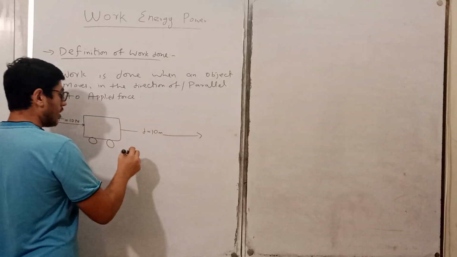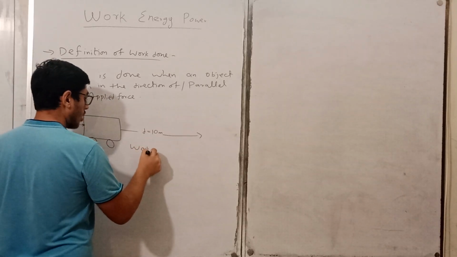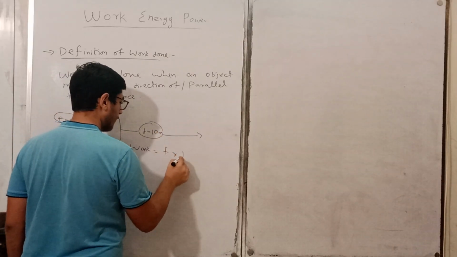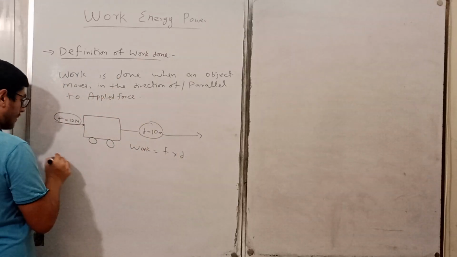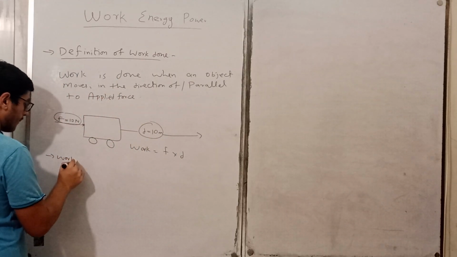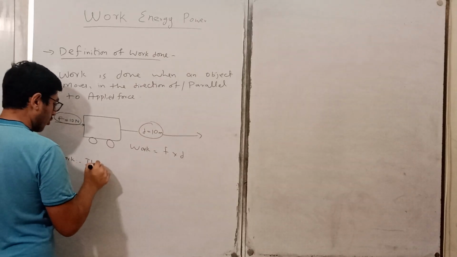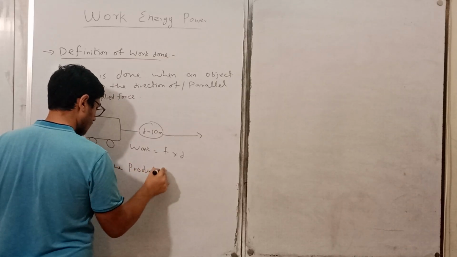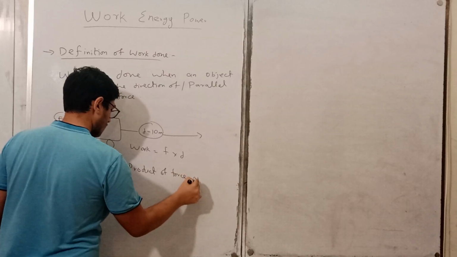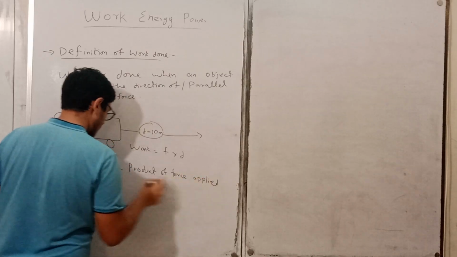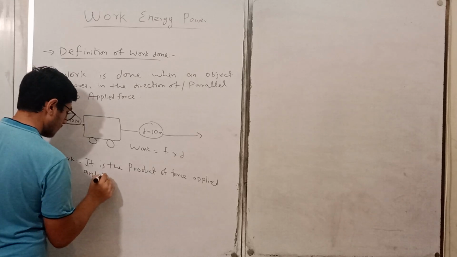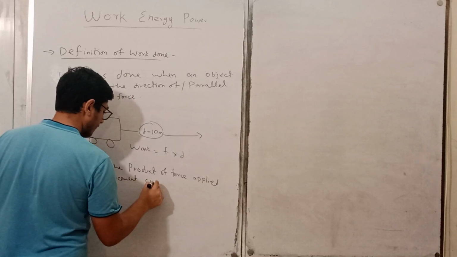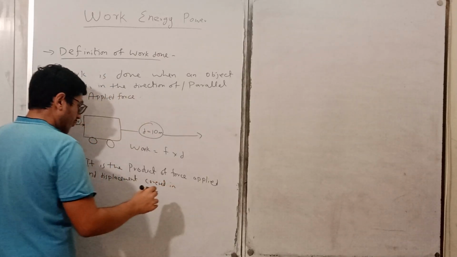Therefore, if I need to calculate work done, I will simply multiply the force by the displacement, that is F into D. Therefore, work is the product of force applied and displacement covered in the direction of applied force.